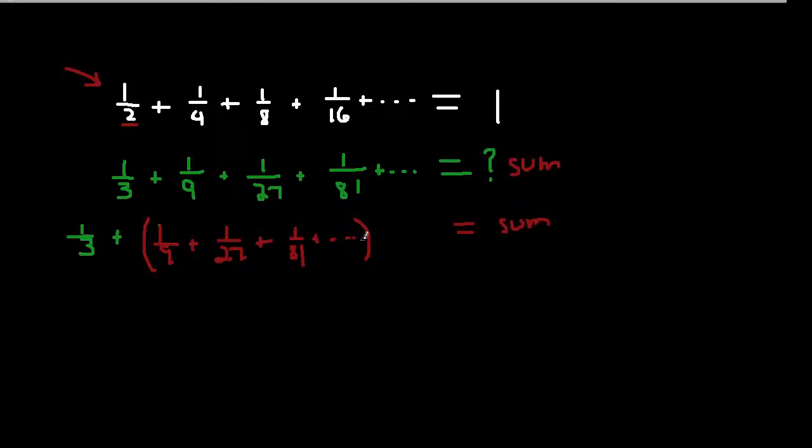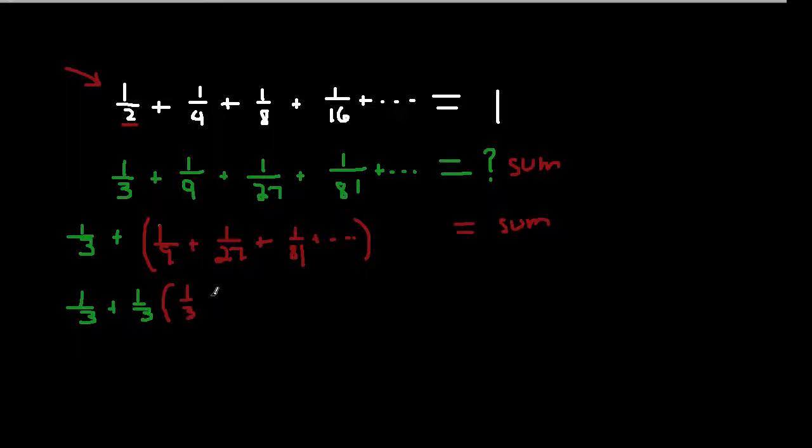Now what I'm going to do is factor that one third out. So I can write this as 1/3 plus, and now I'm going to write this as 1/3, factoring out the 1/3, times, if I factor out a 1/3 from 1/9, I get 1/3.